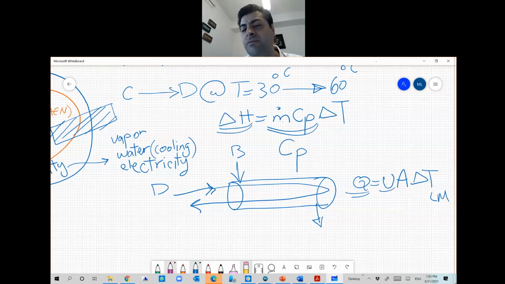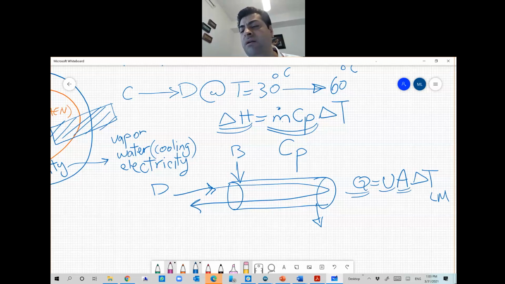We show it by U, which is a function of the heat transfer coefficient of the cold stream, hot stream, and also thermal conductivity of, for example, the tube material. But this A is also very important.